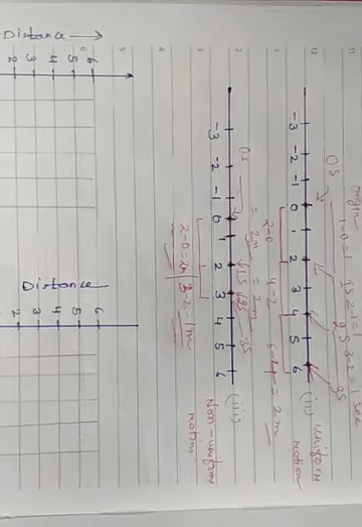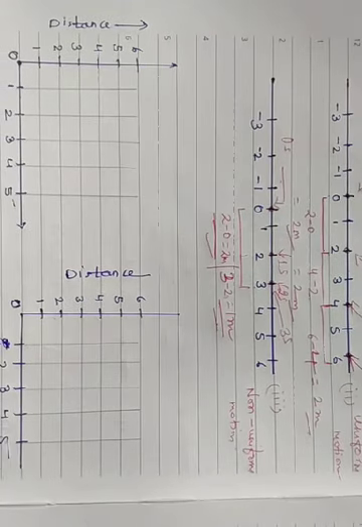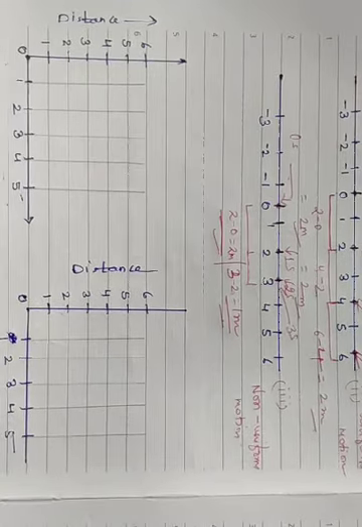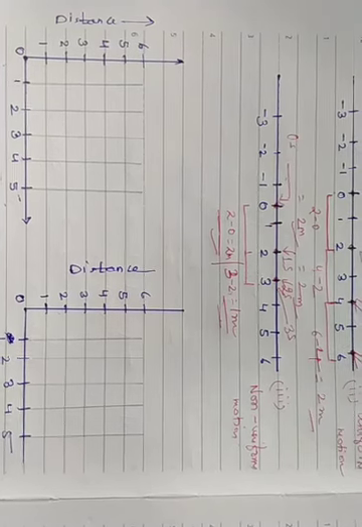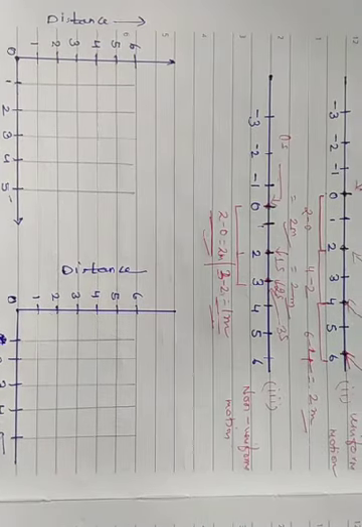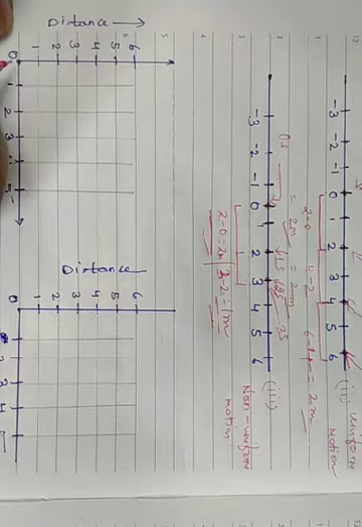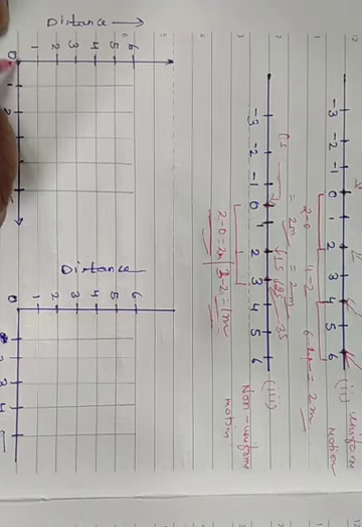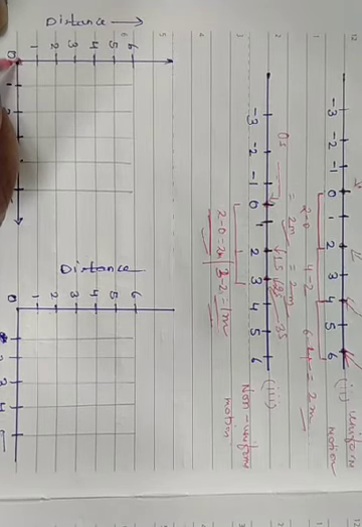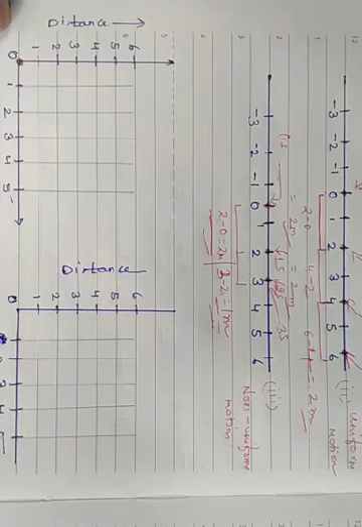Alright, so here I have prepared a position-time graph. In the first case, the position of the body was 0 meter at 0 second, that means this position.